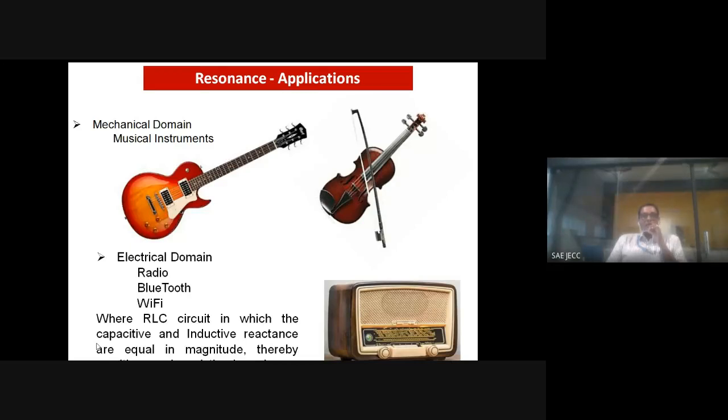So in almost all types of musical instruments, we are using the phenomenon of resonance. We know what type of resonance gives what type of sound, and that mapping gives the beautiful music from the instrument. This is related to the mechanical domain. We know that the wavelength and the frequency matter.